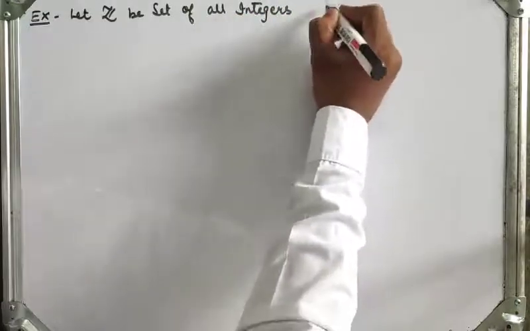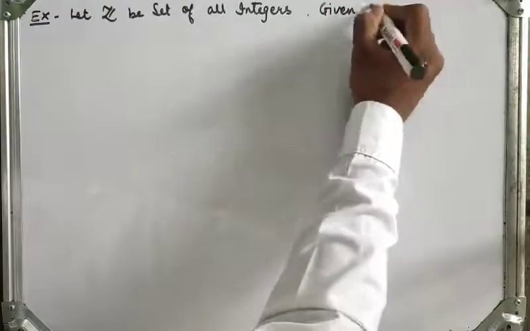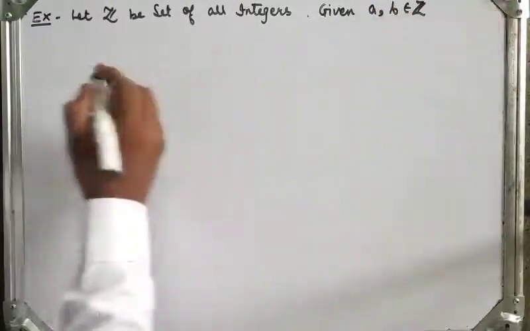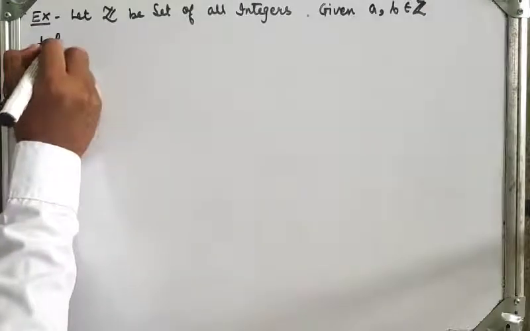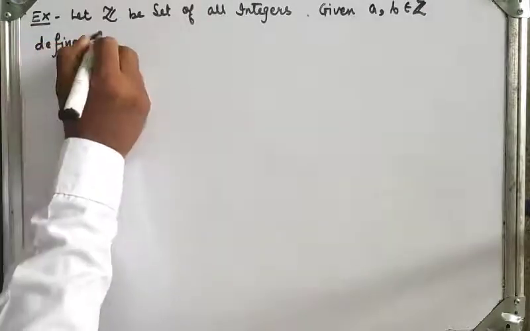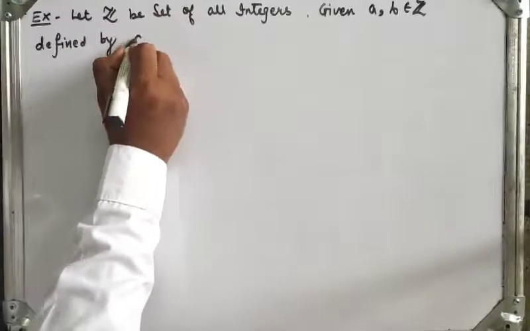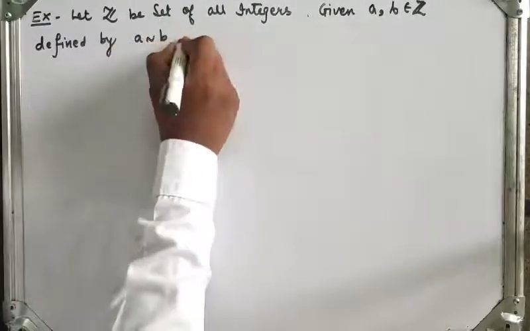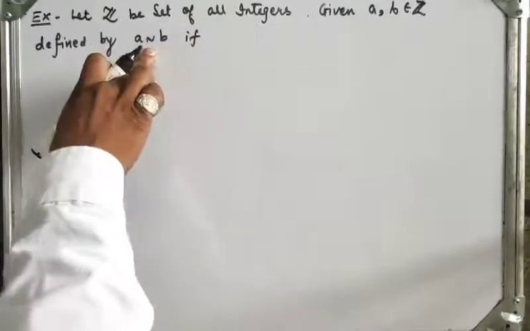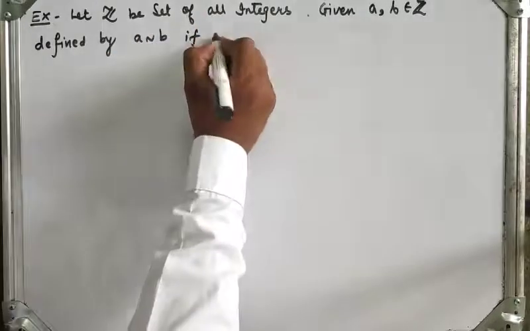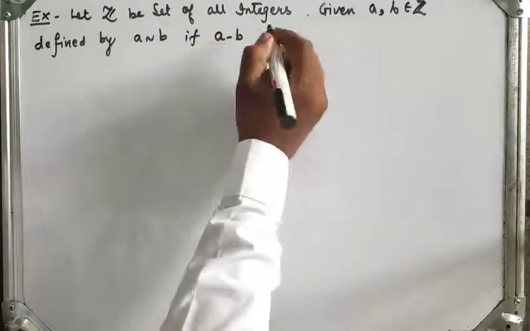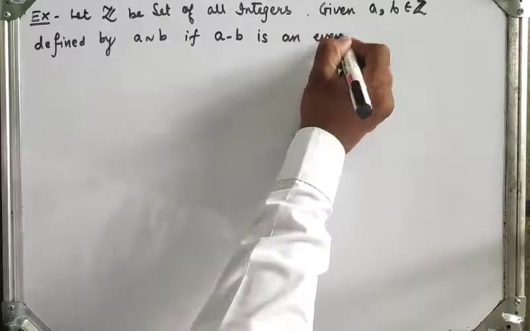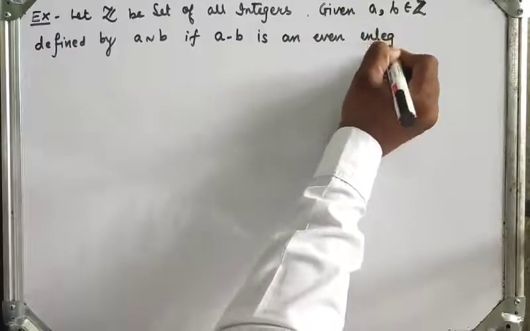Given a and b, two elements in set Z, defined by a is equivalent to b if a minus b is an even integer.